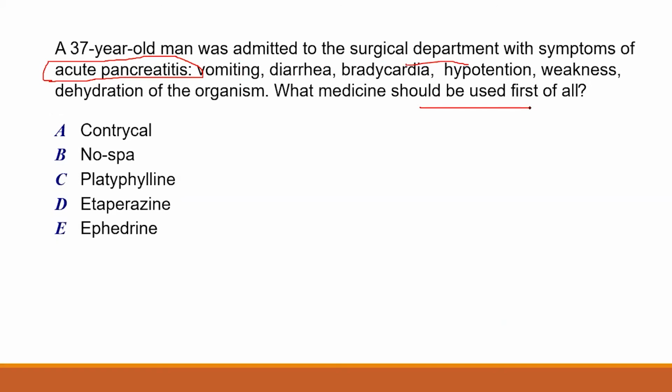Now, if a patient is suffering from acute pancreatitis, give Contrykal. If the person is suffering from chronic pancreatitis, give pancreatin. I repeat, if the person is suffering from acute, you give Contrykal.